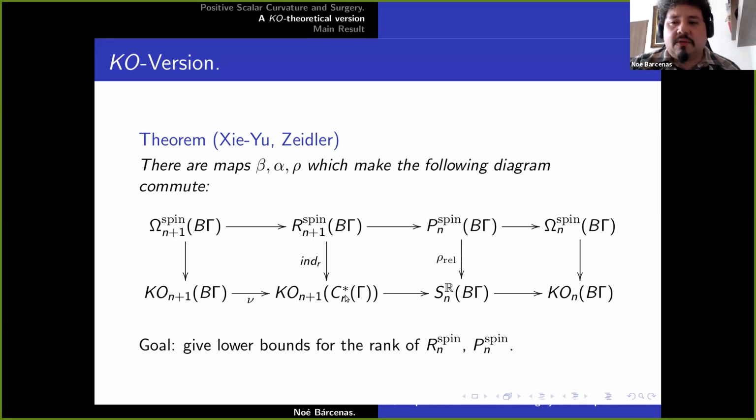And for this, what we are going to do is to rationalize everything. This goes under the name, for complex K theory, of the Chern character.